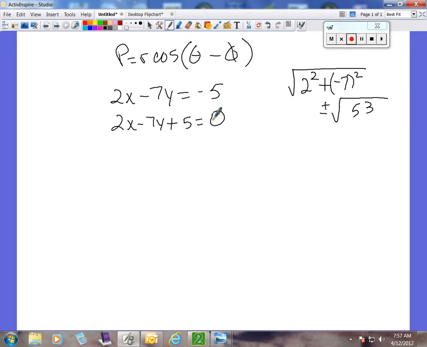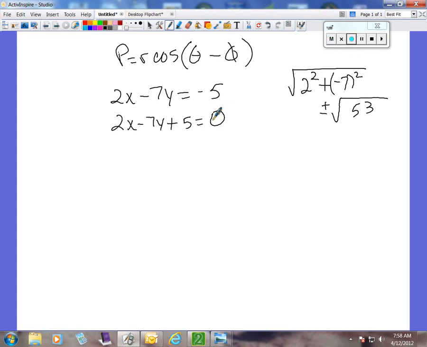Okay, how many got plus or minus square root of 53, right? Okay. Do we use a positive or negative?